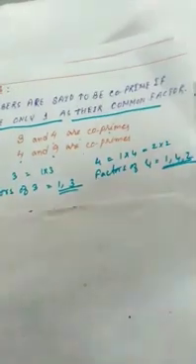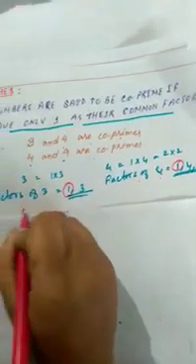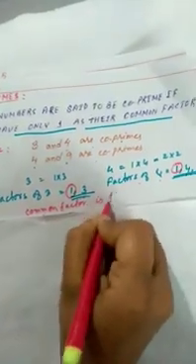But if you see the common ones between the factors of 3 and the factors of 4, only 1 is common. The rest, 3 in one and 4 and 2 in the other, are not common. So the common factor of 3 and 4 is only 1, so they are coprime. Two numbers are said to be coprime if they have only 1 as their common factor. 3 and 4 have only 1 as their common factor. Fine children. So I hope this is clear to you now.